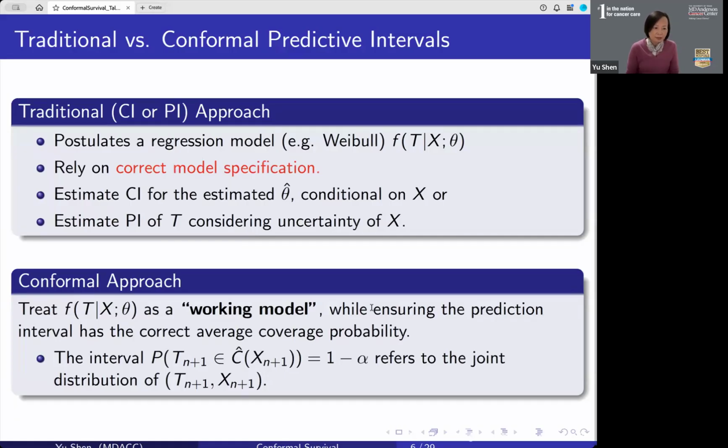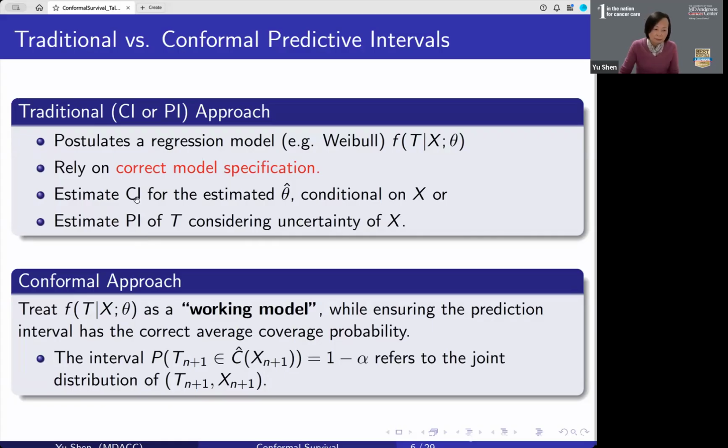When we estimate a traditional, conventional confidence interval or even predictive interval, we need a correct regression model assumption. This model could be a parametric model. If this model is misspecified, the coverage will be way off typically.